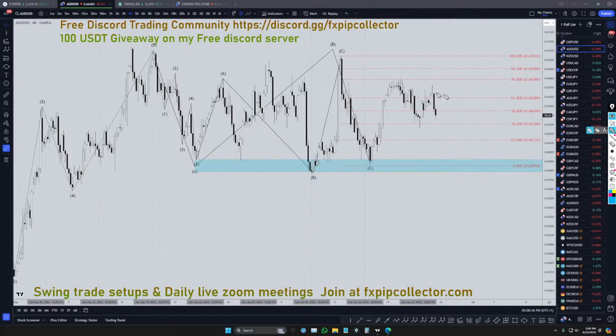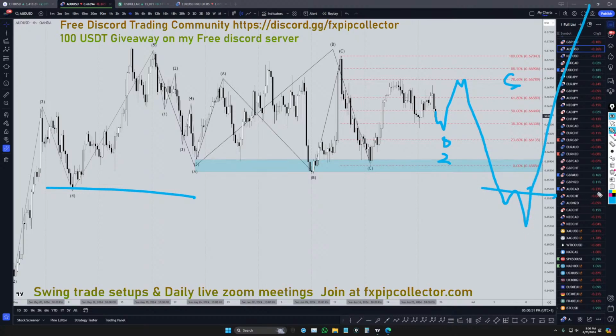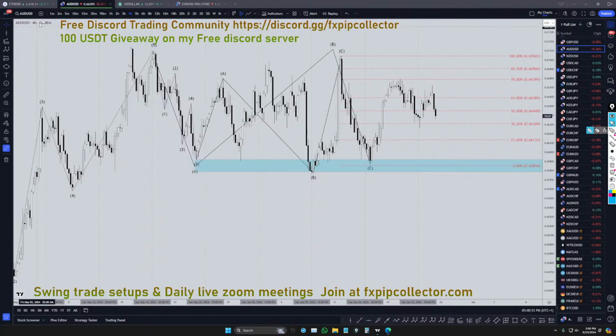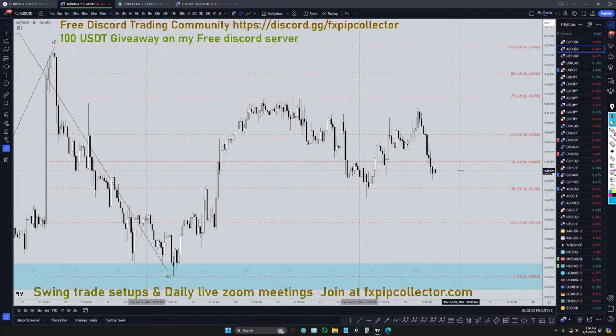On the 4 hour, the trend is definitely down. If this goes down and makes a wave B or a wave two, then you could go long. And if it goes up and bounces from a fib level, you could go short. And then if it goes down and breaks structure and eventually breaks structure up, you could go long again. But depending on what time frame you trade on, you should probably be looking for shorts right now.